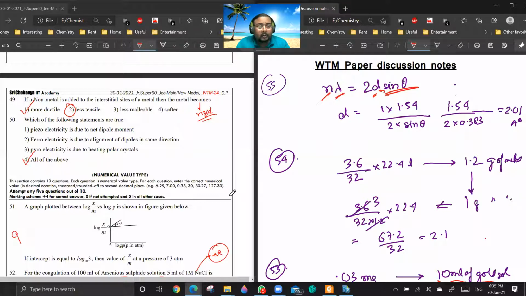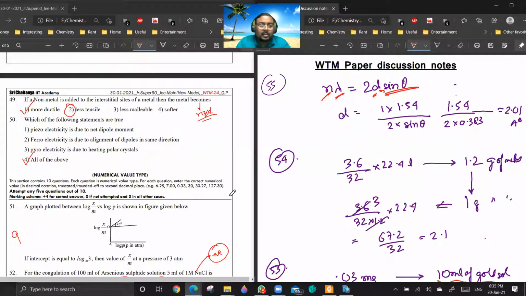Even though they are getting removed from their places, they'll still have continuity. While non-metals are rigid, so they won't move easily. If you try to move them forcefully, then they will break.